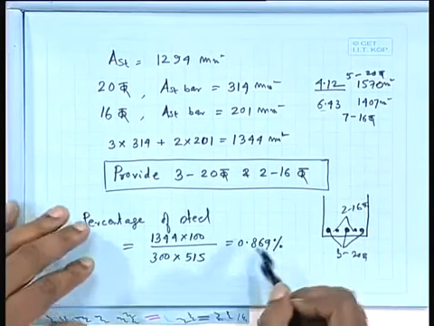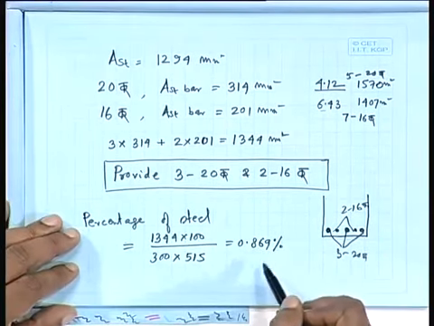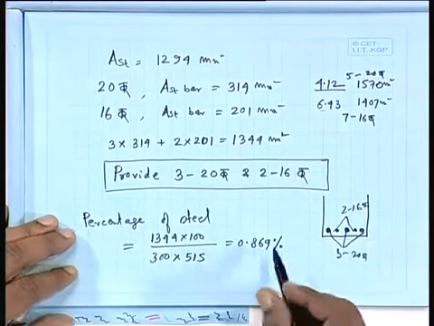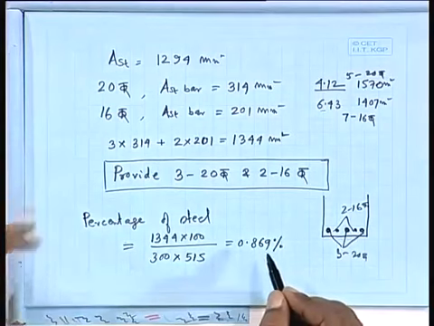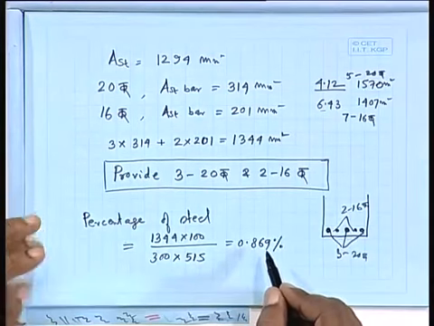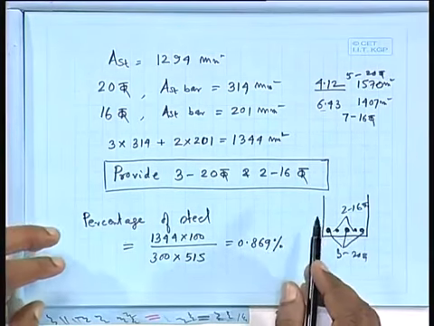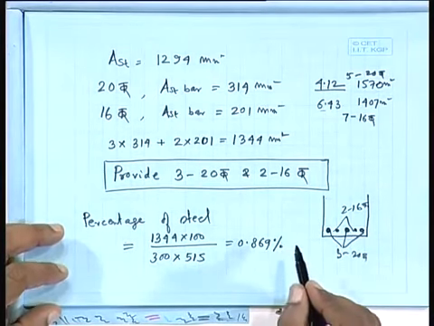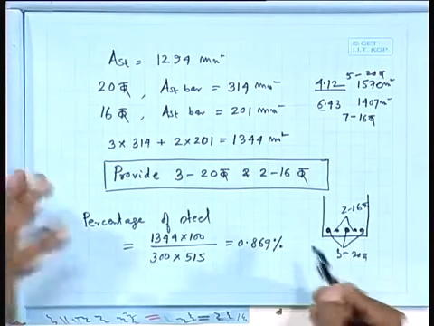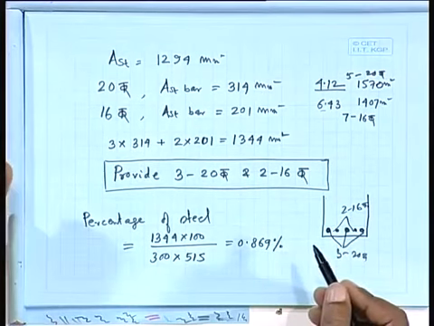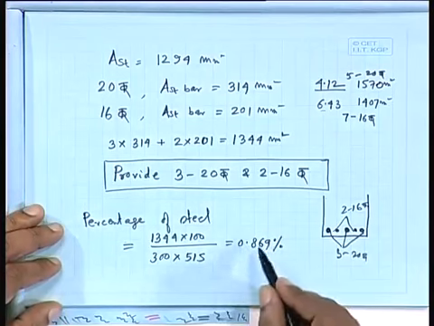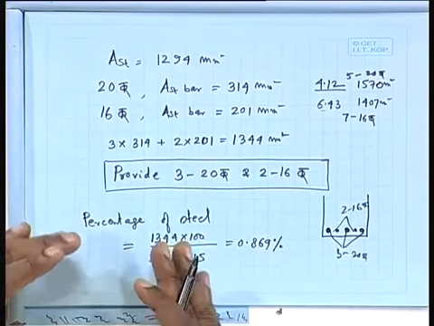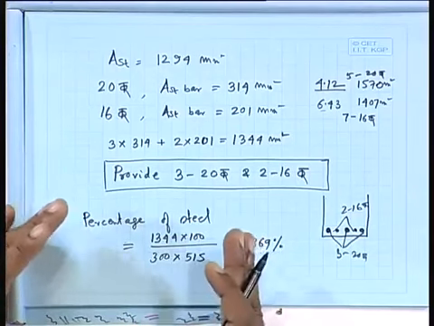So the percentage of steel we are providing is 0.869 percent. What is the limit? That also we should check. That is 0.85 by fy, which is almost 0.205 percent or something like that. Anyway, it is higher than that value. So you always have to check the limiting value.